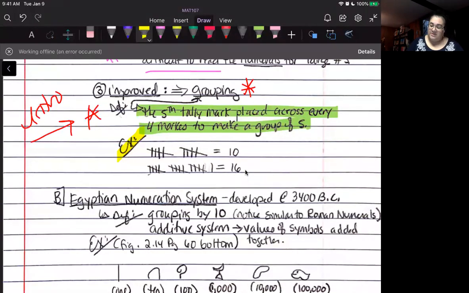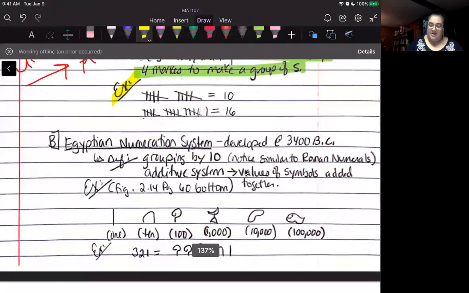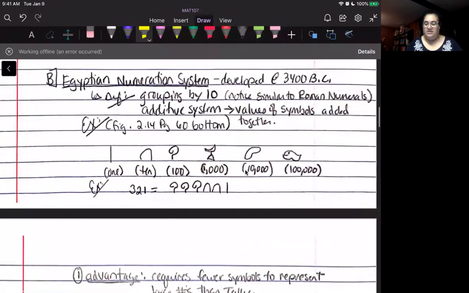So now the first system that we're going to look at is the Egyptian numerical system or numeration system, okay? Little background information. It was developed in 3400 BC, so it's quite ancient, okay? They also group by tens, which is very similar to what we use, okay?